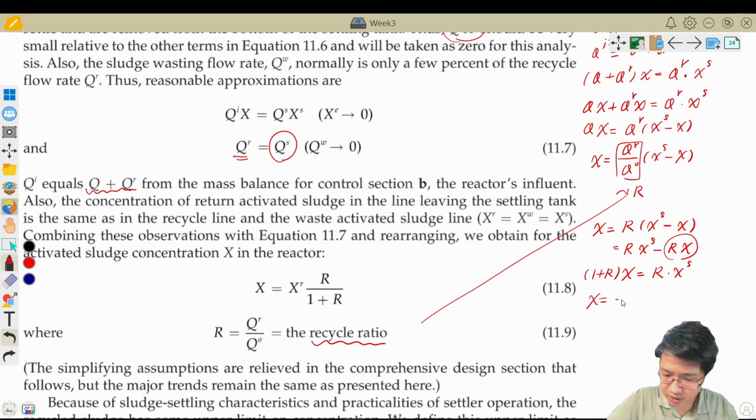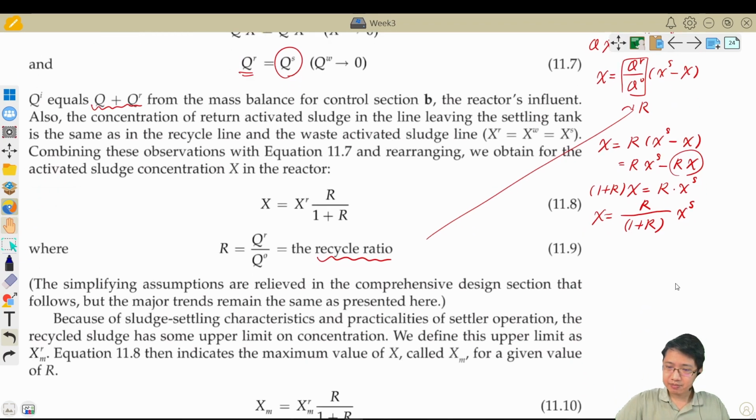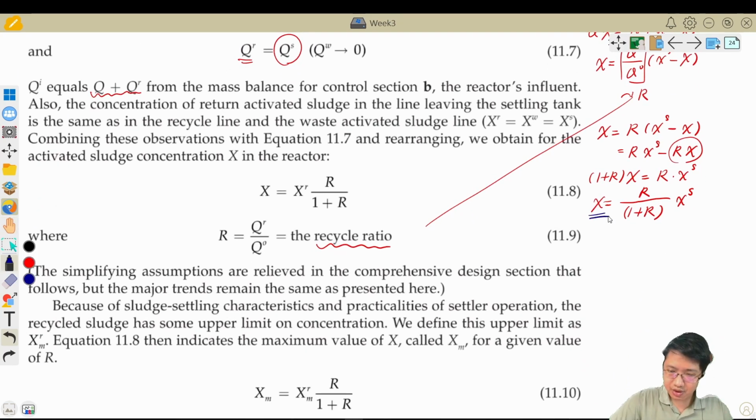So X equals R divided by (1 plus R), times your XS. The biomass concentration in your aeration tank is given by this correlation of the recycle ratio times your concentrated biomass in the settling tank.